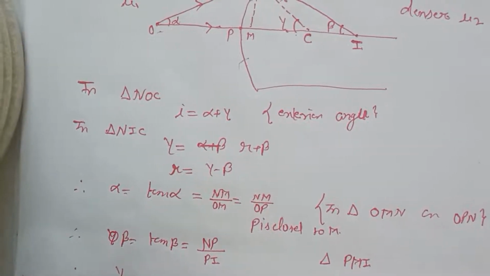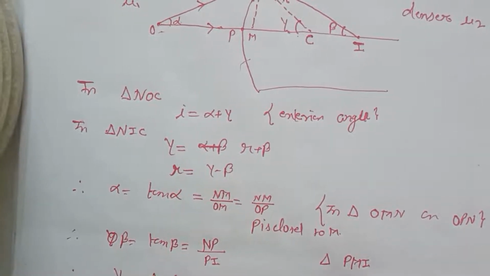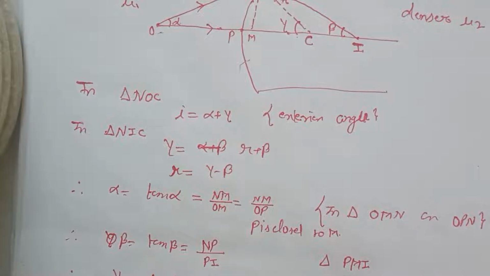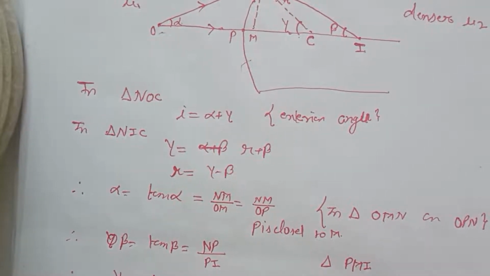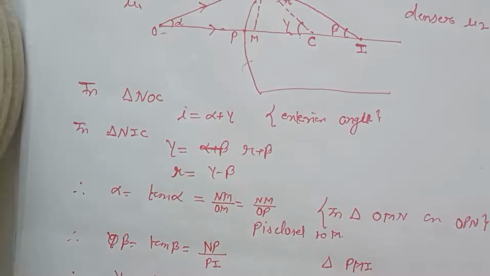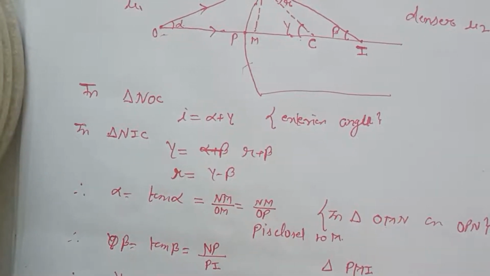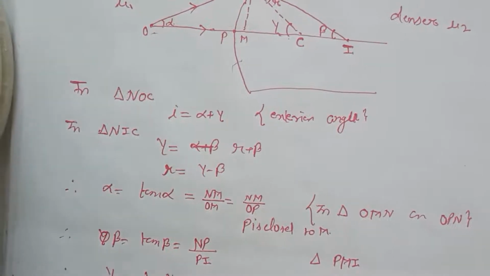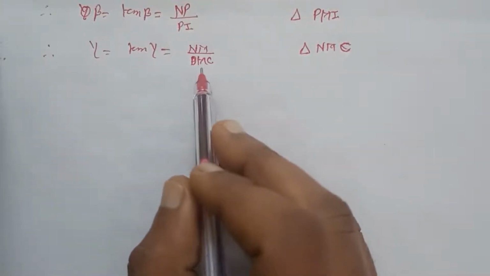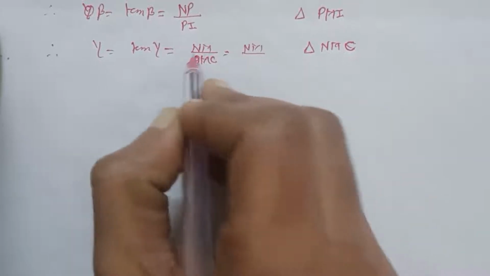Again, the value of gamma: tan gamma in right angle triangle NMC equals NM divided by MC, or this can be written as NM divided by PC.